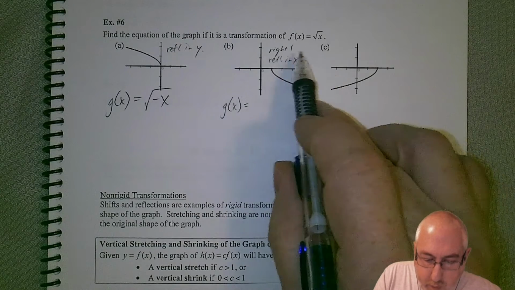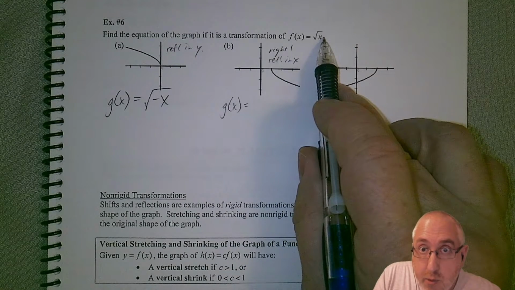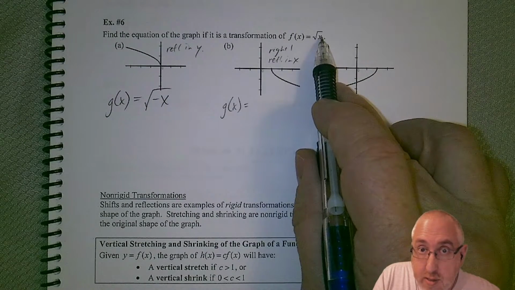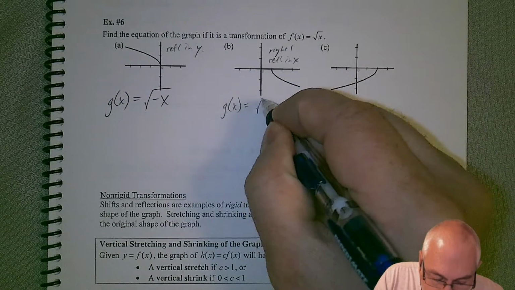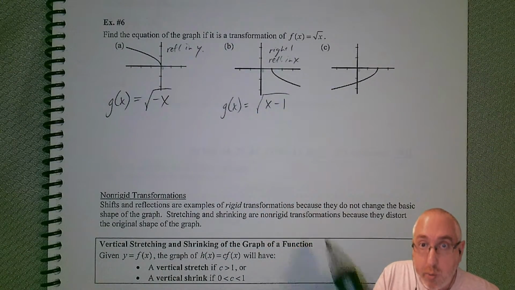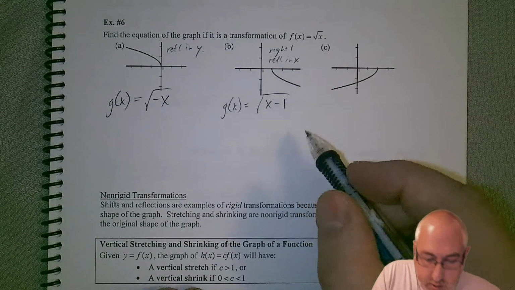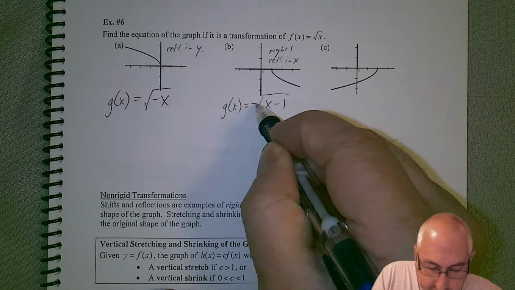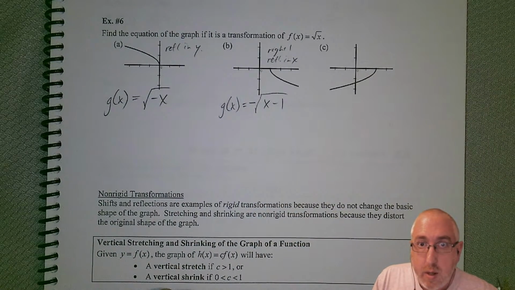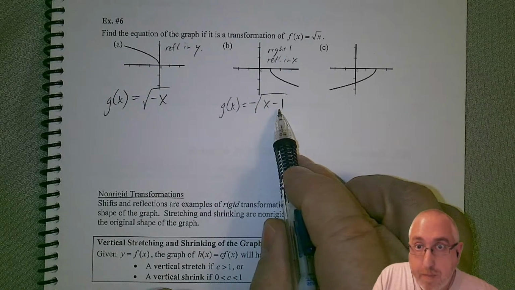Right 1. Well, if we wanted to go to the right 1, we'd have to subtract 1 off of the x. So we know we'd have to have x minus 1. But when we reflect it in the x, we have to negate the entire function. So that means we're going to have to throw a negative in front of it. All right, so reflection in the x, shift to the right.